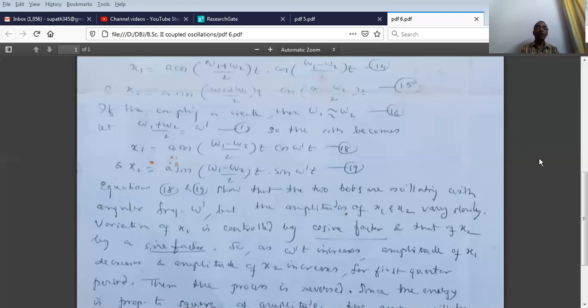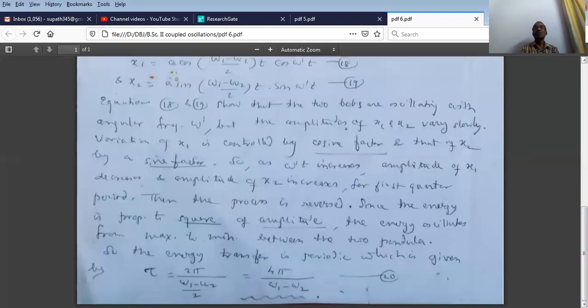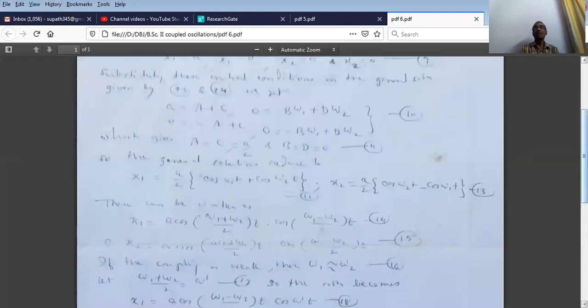The variation of x1 is controlled by cosine factor.